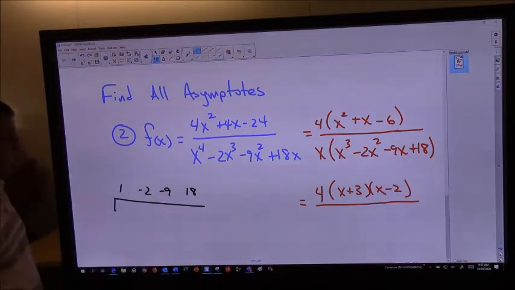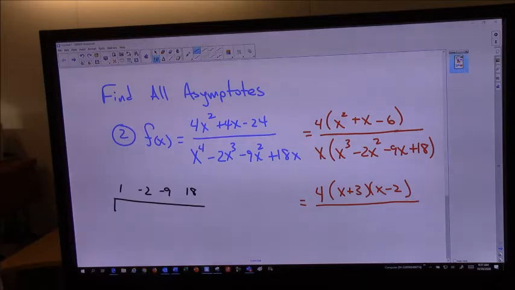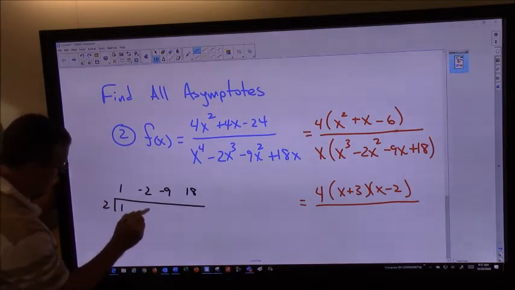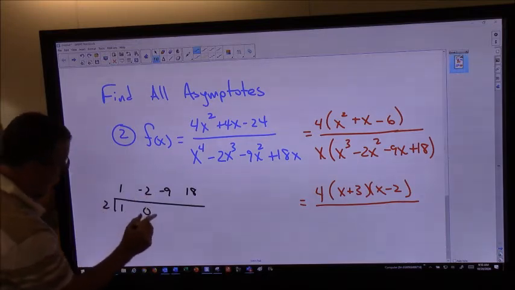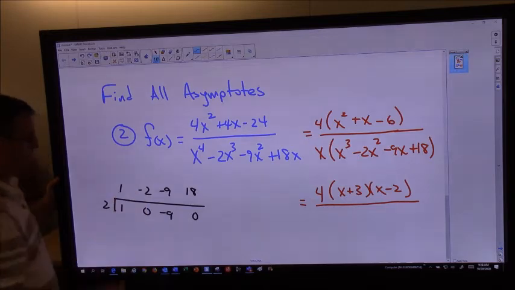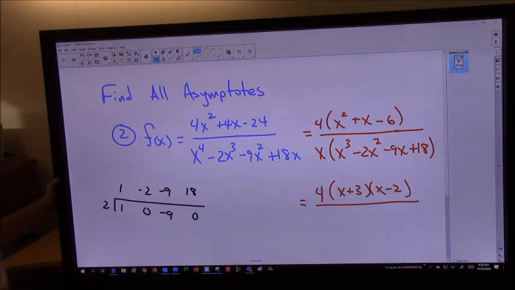And those do not add up to 0, so I'm not going to try 1. So I think the next one I'll try is 2. Bring that down, multiply and add, I get 0. Multiply and add, I get negative 9. And then negative 18 plus 18 is 0. So I got lucky, I found one right away.